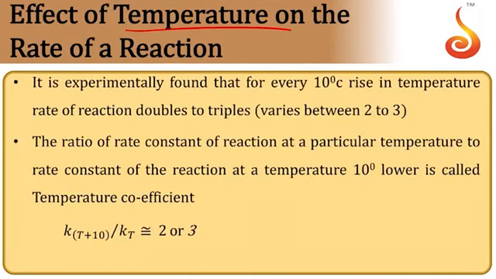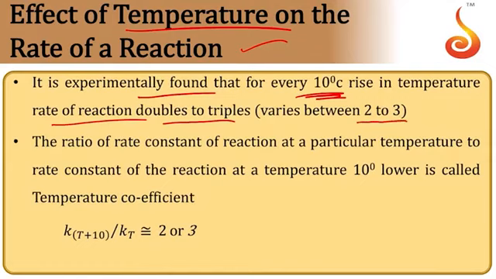Then, the effect of temperature on the rate of reaction. It is experimentally found that for every 10 degrees rise in temperature, the rate of reaction doubles to triples, meaning it varies from 2 times to 3 times.